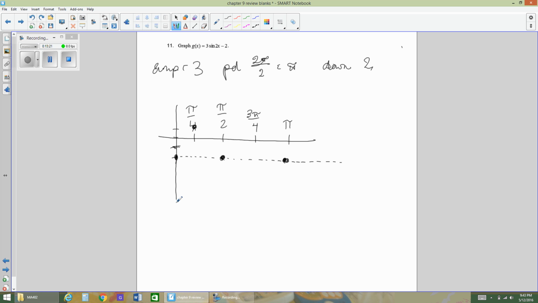Now I have to extend my graph, go down 1, 2, 3, over here. Make it curvy, make it pretty, do the best you can. Definitely didn't space that evenly, did I? Okay, it looks good. Questions, ask each other because your test is next.